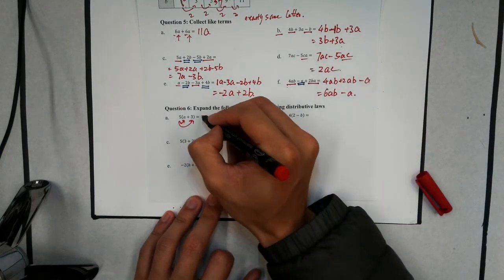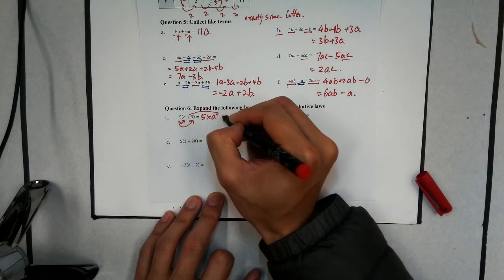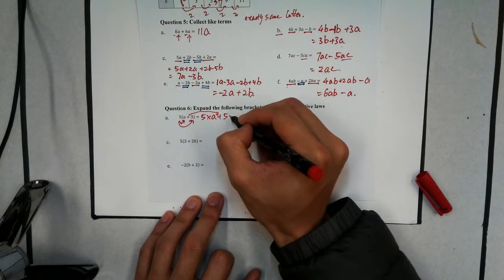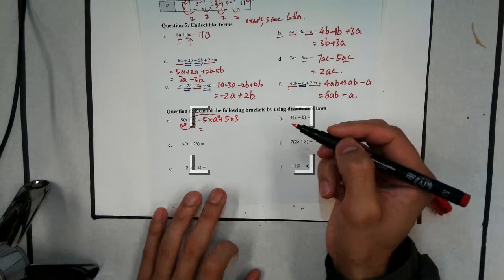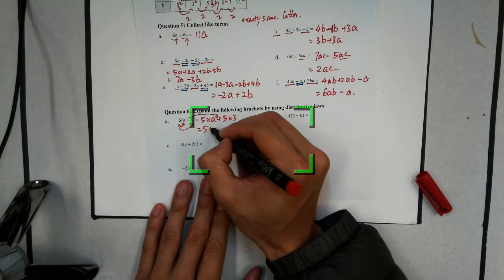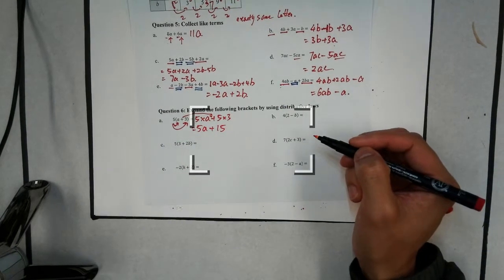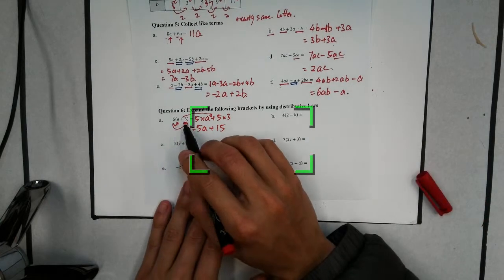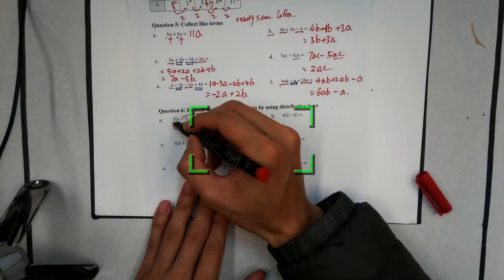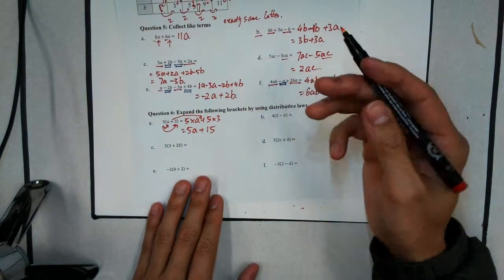So what we have is 5 times a, then we remain the plus, and then 5 times 3. So 5 times a, then we simplify. 5 times a is 5a, 5 times 3, 15. Okay, that's what we need to do. So first step, we expand the bracket, the outside number times each of the inside numbers, and then we simplify.